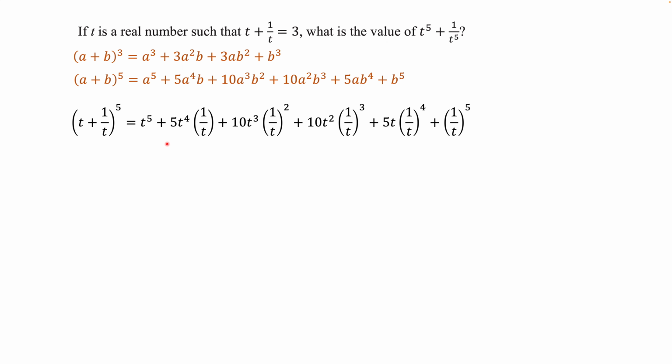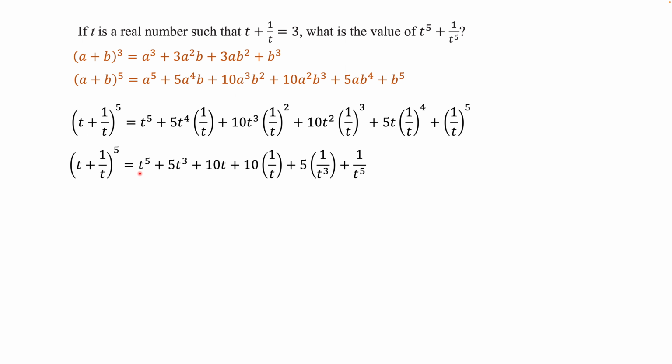Okay? Now I cancel what I can cancel. For example, there's t to the 4th divided by t, it's definitely t to the 3rd, t cubed divided by t squared, it's t, and so on. So we got all this, actually only odd powers. And now we can collect the terms with the same coefficient.